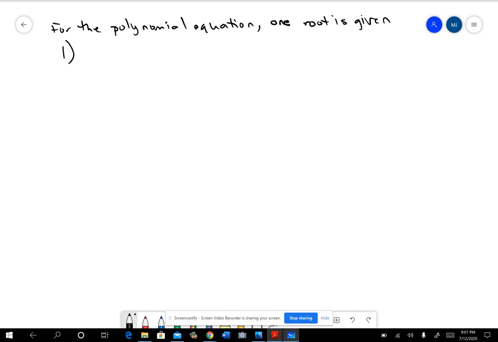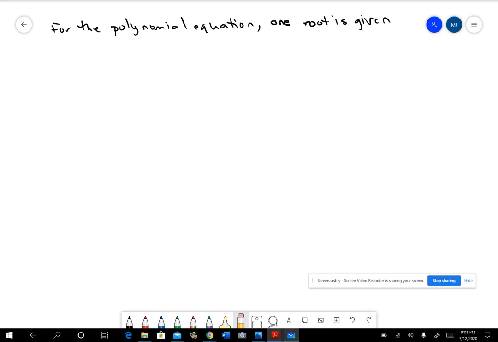Let's see if I can get that out of the way. So for the polynomial equation, one root is given, find the others. That's the first question. They're giving us a little bit of a hint, so that's going to help us. So this is problem number 1.